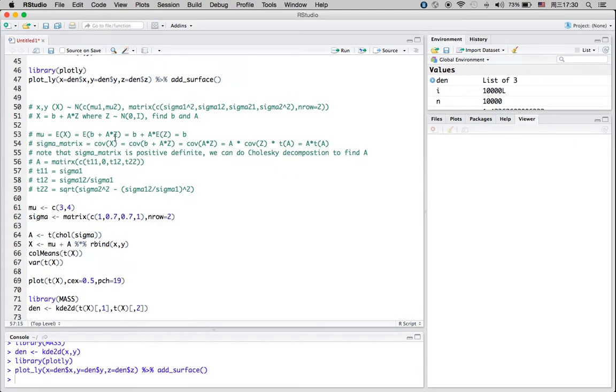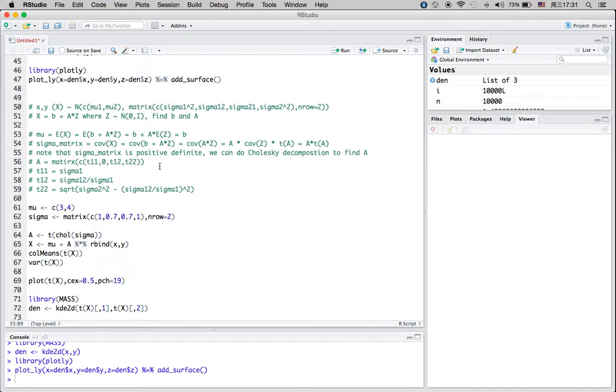Here we can use a decomposition to find A, called the Cholesky decomposition. We note that the sigma matrix is positive definite, so we can use the Cholesky decomposition to find our matrix A. Our matrix A here is a lower triangular matrix.